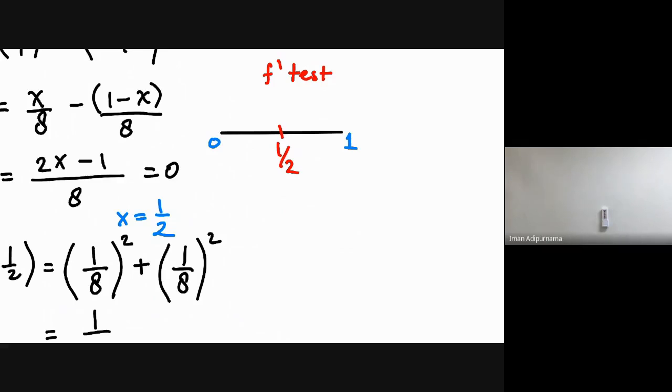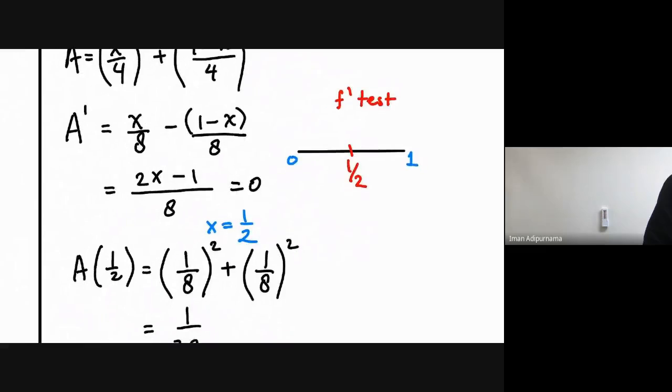Check some point. This is the f prime. If you put something maybe around here, maybe 1 over 4, it's minus, right? Agree? Minus.